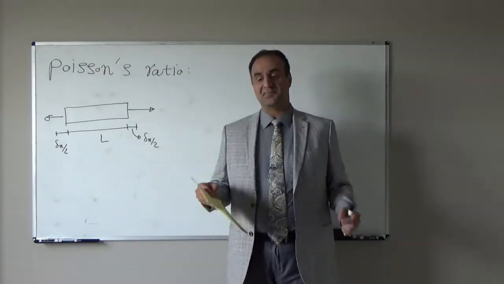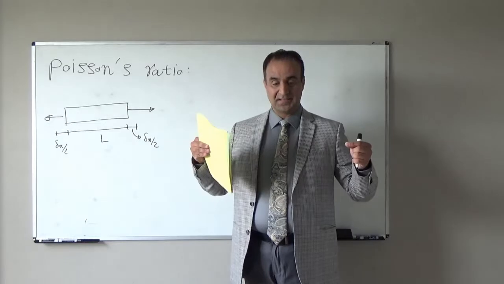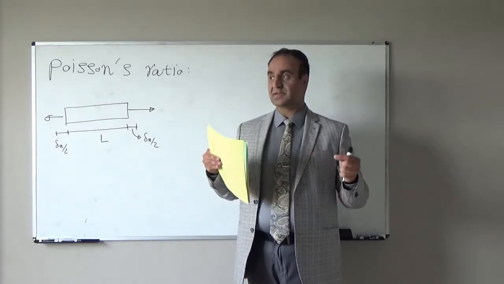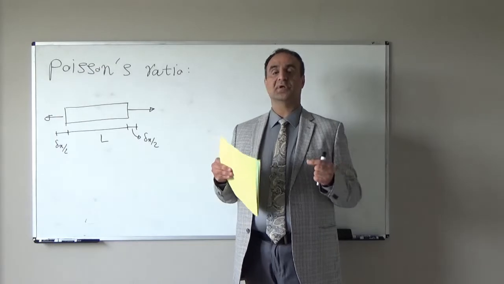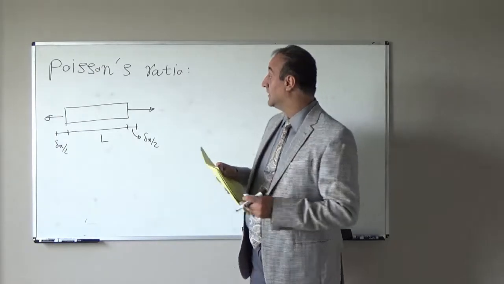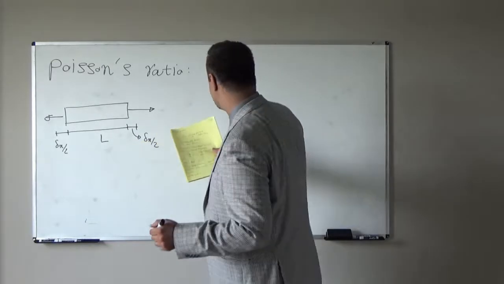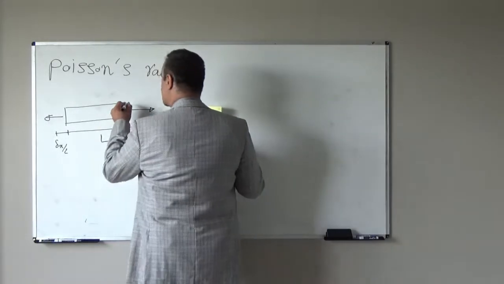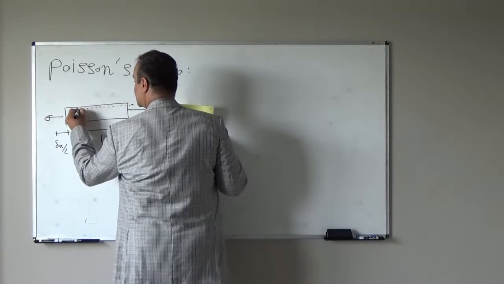So if we have one material, linear elastic material like a rubber band, and we apply tension, we pull it, it will elongate in the axial or longitudinal direction. But at the same time, it will contract in the lateral direction. So the shape will be something like this.